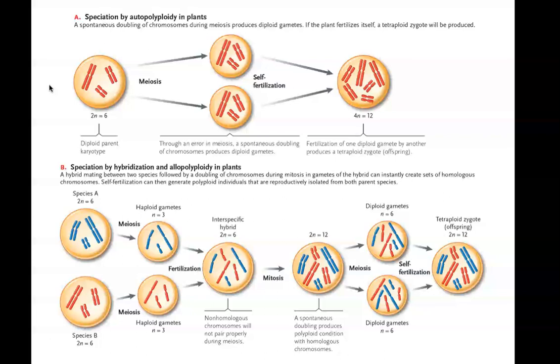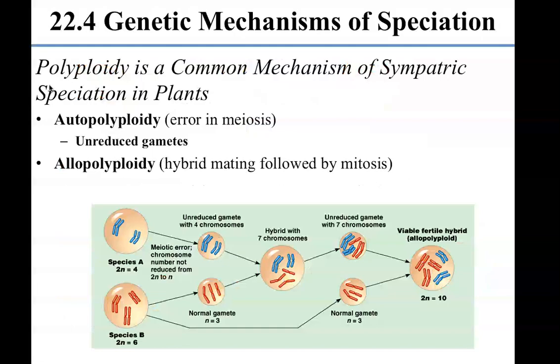In autopolyploidy, a diploid individual will produce a polyploid offspring. That occurs because of a mistake in meiosis. So we've got an individual that produces gametes that have extra chromosomes, so they're polyploid. We would call these gametes unreduced gametes.